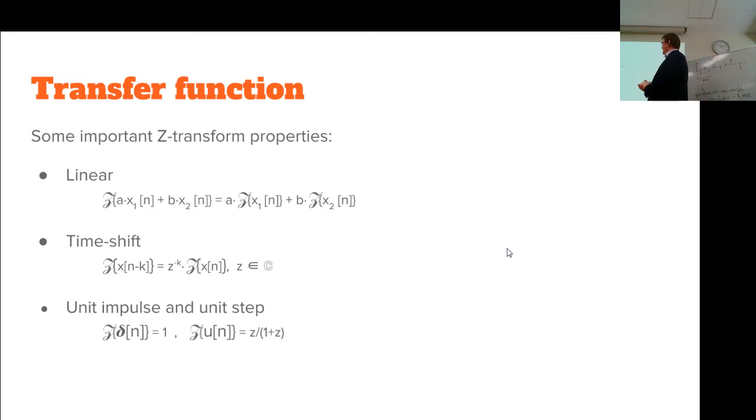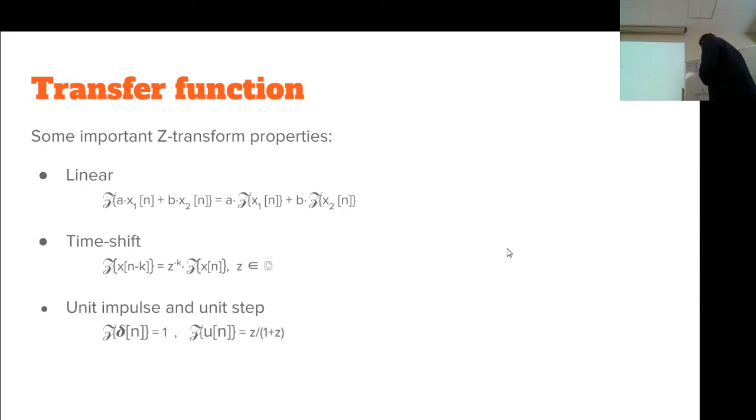This is just a reminder about the transfer functions. So, Z transform properties: the Z transform is linear, meaning that if you have a weighted sum of inputs, you can break the sum and take the scaling factor out. Time shift: if you have a time shift, you will end up having z to the minus k coming out of the equation.